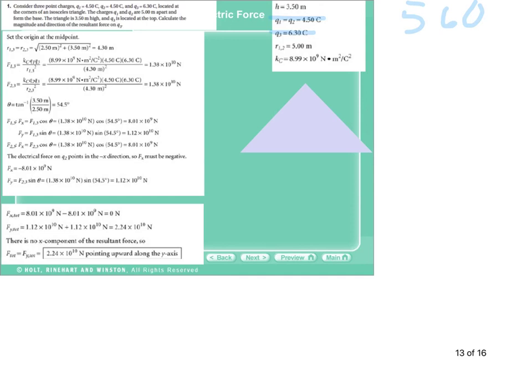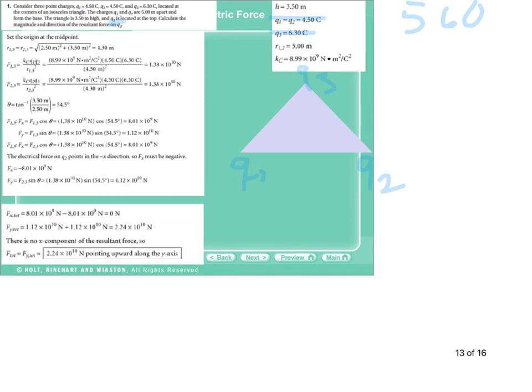It says Q1 and Q2 are 5 meters apart, and they form the base of our triangle. So Q1's down here, Q2's down here, Q3's up here. We're going to need the distance between these, and we're trying to find the force on Q3.